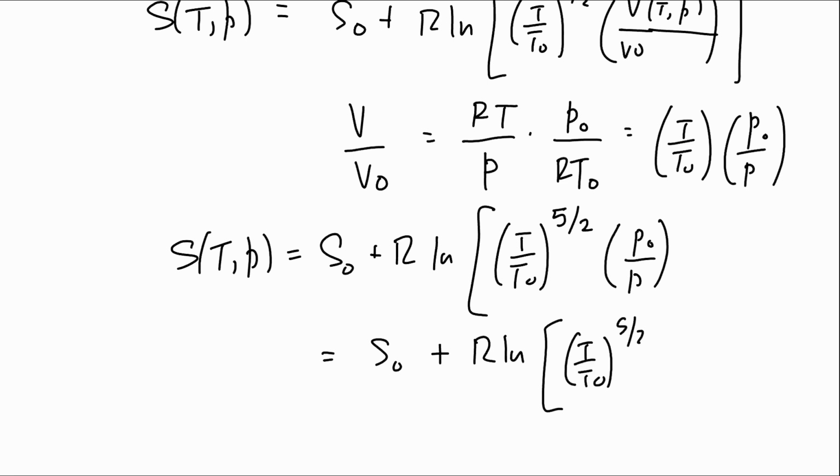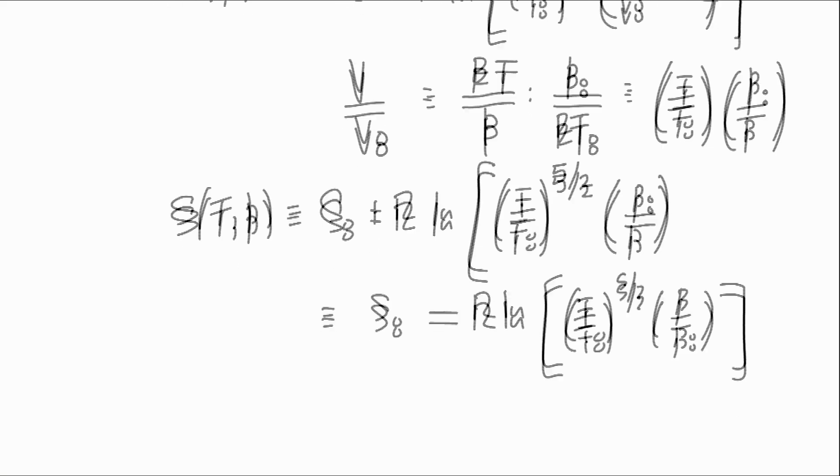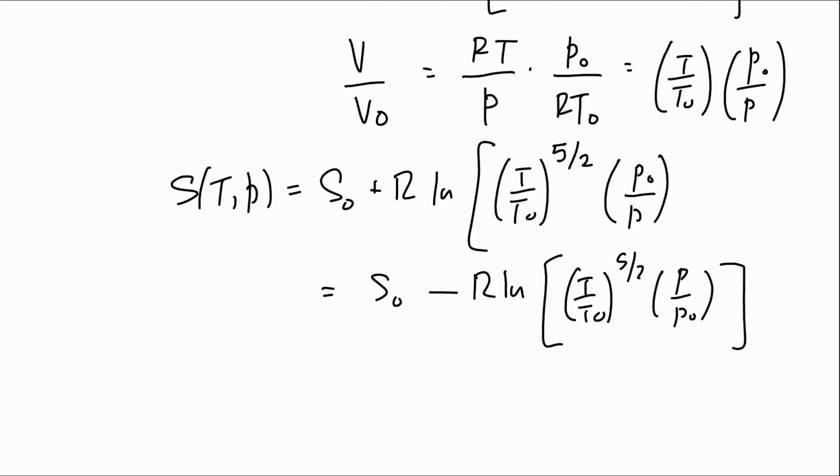5 halves, minus, and then I can put P over P naught, because log of 1 over x is minus the log of x, logarithm properties.